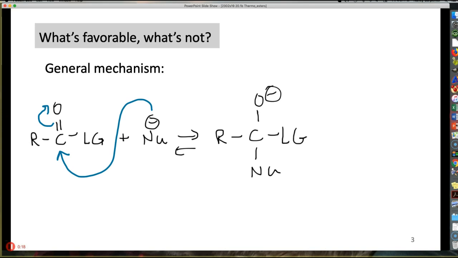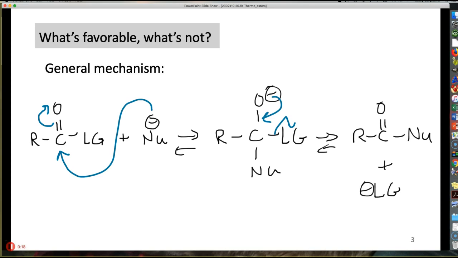The tetrahedral intermediate then collapses to give me a new carboxylic acid derivative plus my leaving group. And it doesn't take a rocket scientist to see that these are all potentially reversible, so it's nucleophile versus leaving group.